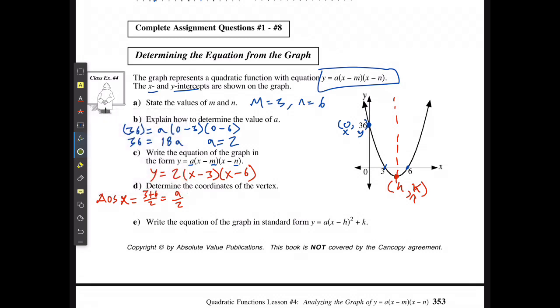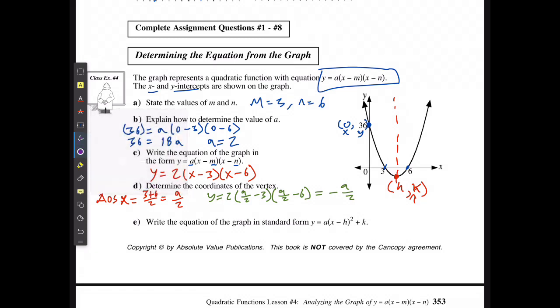I'm going to say that y is equal to 2, bracket, 9 over 2 minus 3, and then x is still 9 over 2 minus 6. And that's going to give me the value of negative 9 over 2.